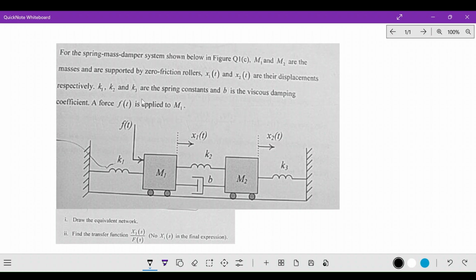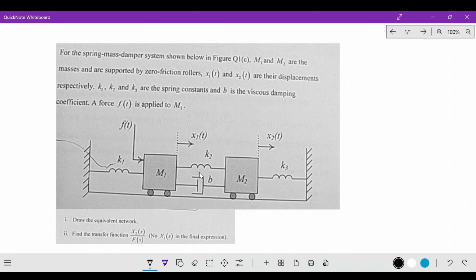k1, k2 and k3 are the spring constants. So you have three springs here having different constants, k1, k2 and k3. And B is a viscous damping coefficient.